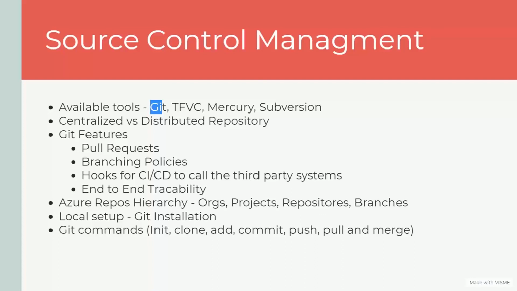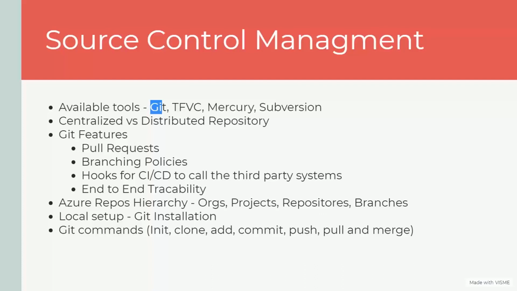Every developer will create their own branch, and once they have completed the code in the branch, they will raise a pull request to the main branch. The pull request is a kind of merge request from your branch to the main or master branch. In between, someone has to approve the code, and only then can we move it to the main branch.